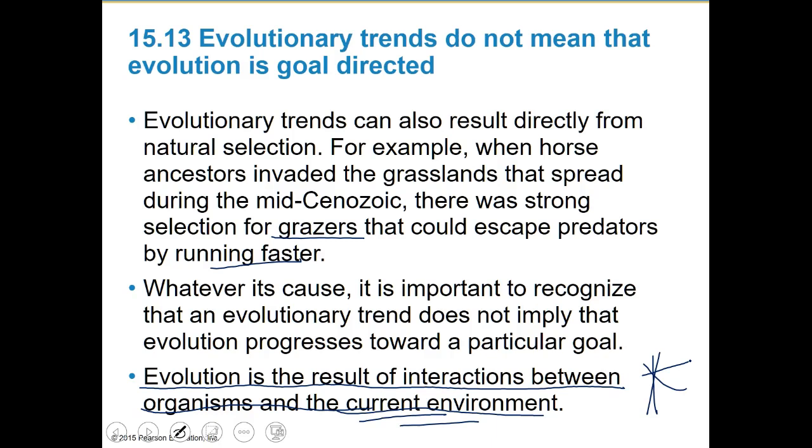And so in a changing environment, different insects, different animals, whatever it is out there, they all have to adapt to it. So evolution is the result of interactions between organisms and the current environment. That's super key. That's why we're not making ideal or perfect ones. It's because it has to adapt and fit with whatever environment is there.